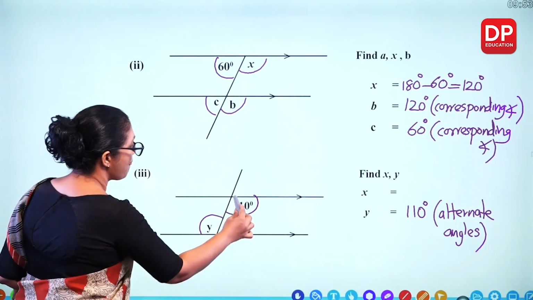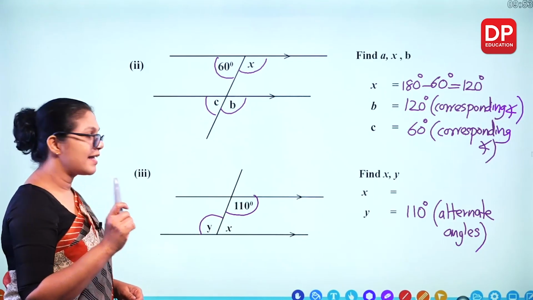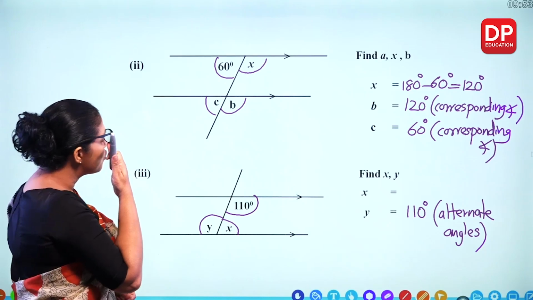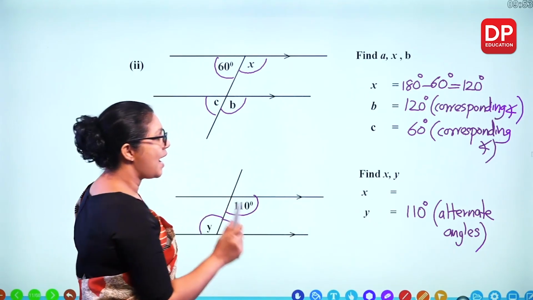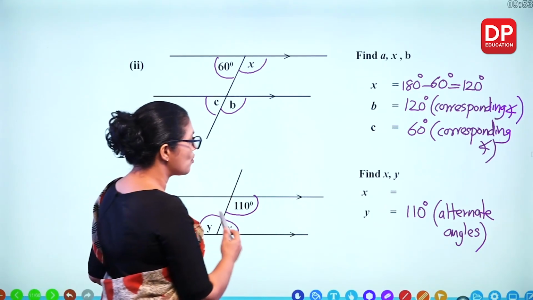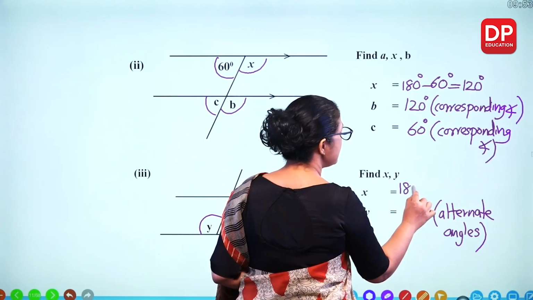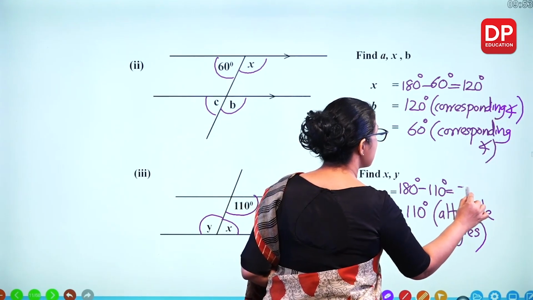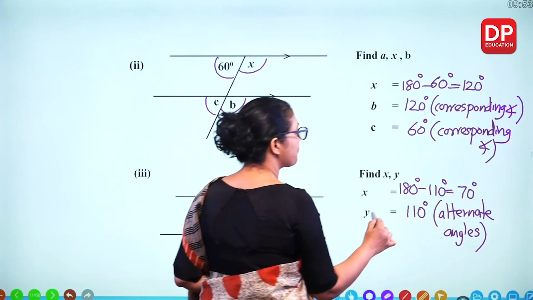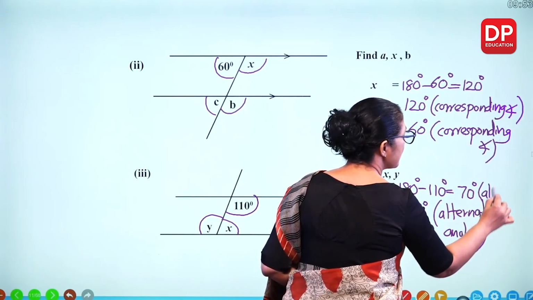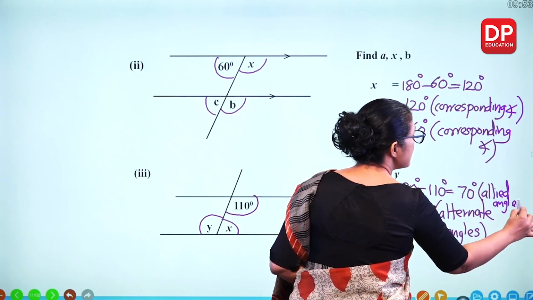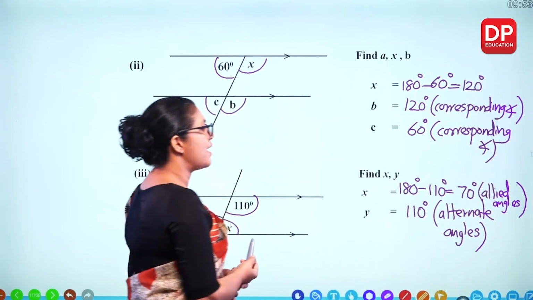X, we can take allied angles. These two are allied angles when these two are parallel lines and add up to 180. So what's x? 180 minus 110. That's 70 degrees because of allied angles. Allied angles add up to 180.